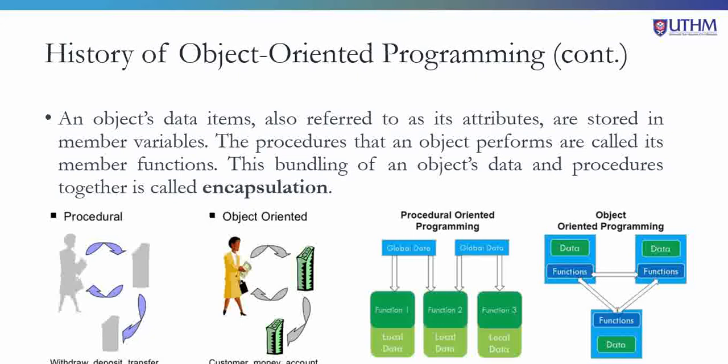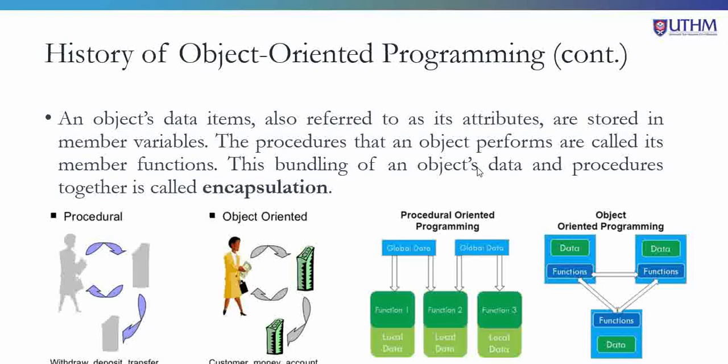So these two are non-living things. So put all together, these are the objects. Okay. And then another thing in OOP, we combine both data and function together in one class. Okay. Whereas in procedural, we separate the data and we separate the function. Okay.